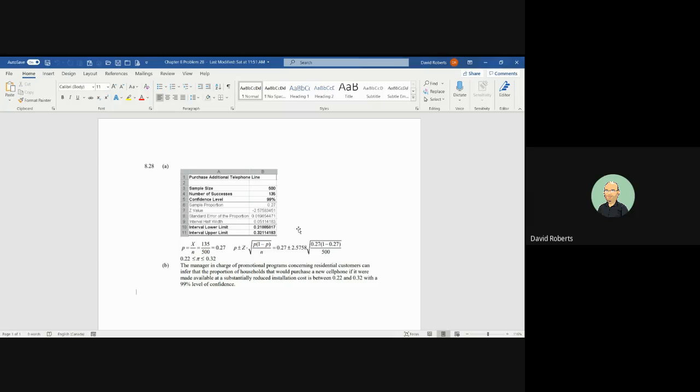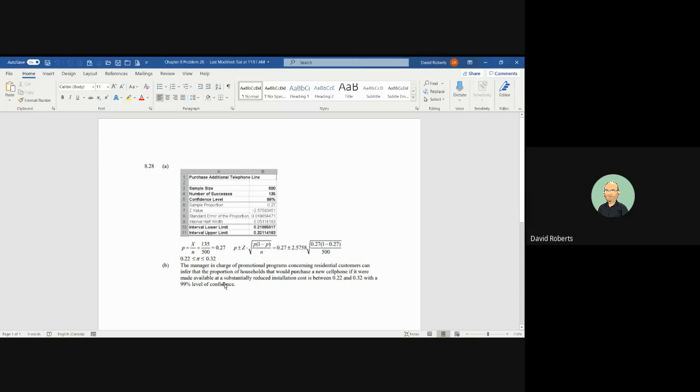That the actual population, if you actually were to do a marketing campaign on this, you would wind up with 22 to 32% of people who would upgrade. Again, with 1% error, which is the level of significance, you will have 0.5% below 0.22 and 0.5% above 0.32 or 32%.